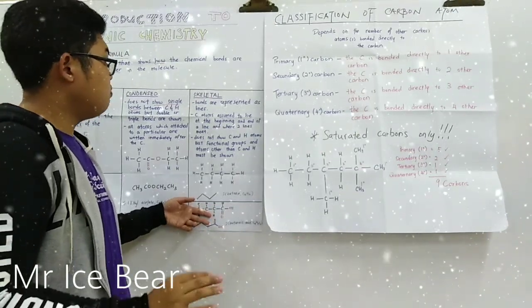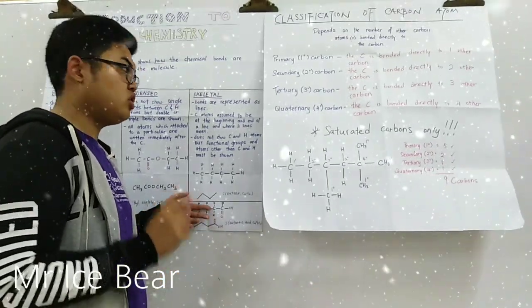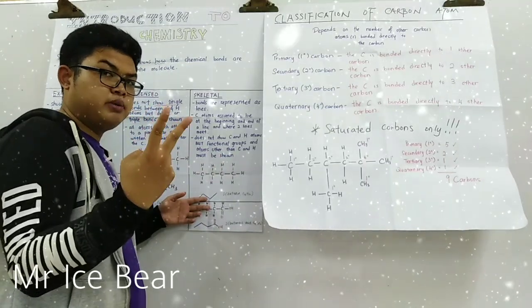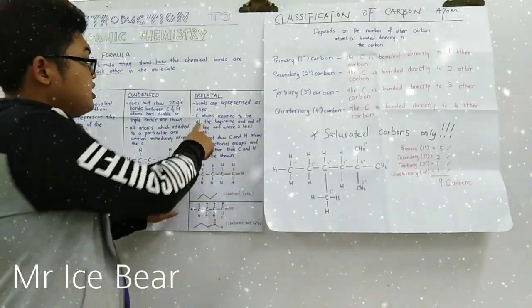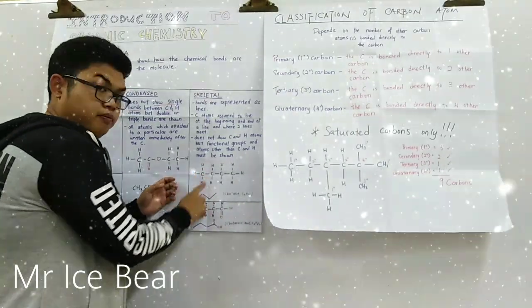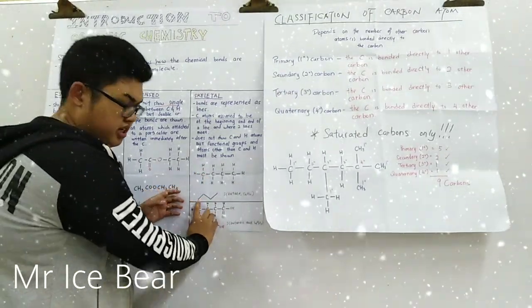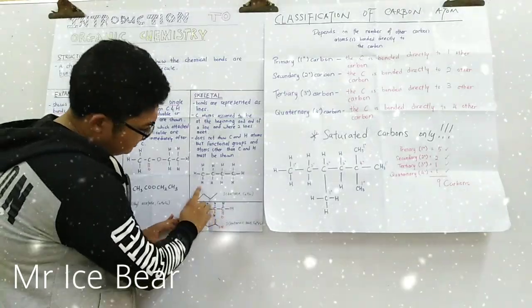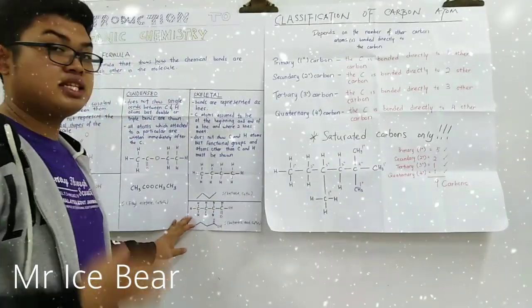When you draw a skeletal structure, you need to know one line consists of 2 carbons. Like I said, bonds are represented as lines, so we change this form into lines. All the edges, we name as carbon.